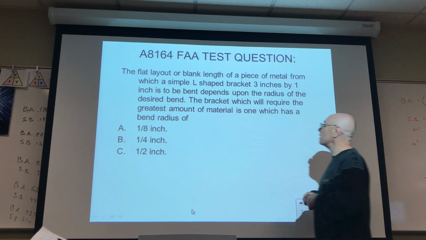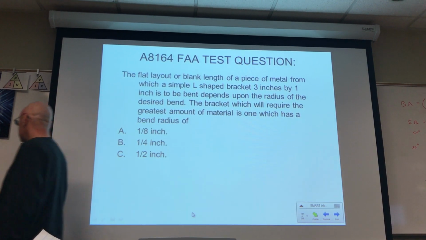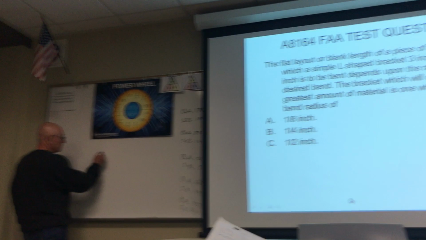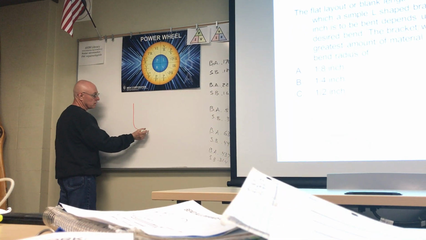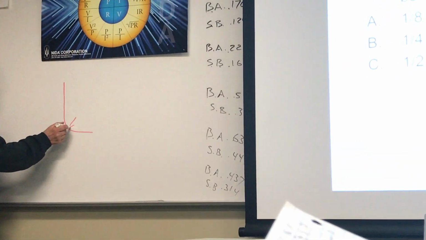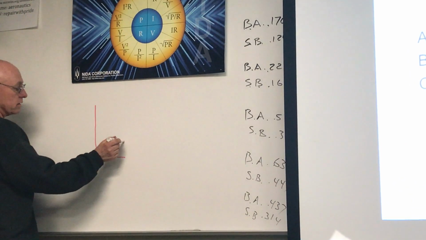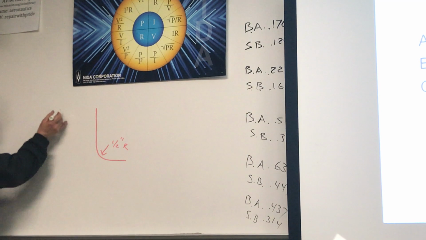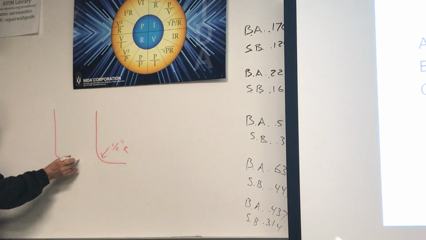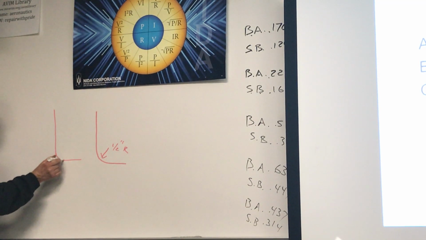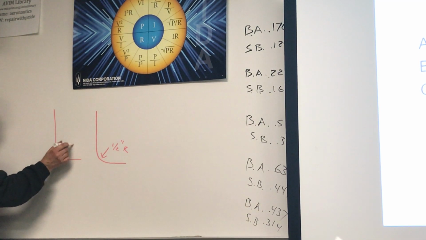You've got a piece of material that measures, let's say, 40 thousandths thick, that looks like this, and it's got a 1/2 inch radius. You've got another piece of material, same dimensions, but it's got a 1/8 inch radius.